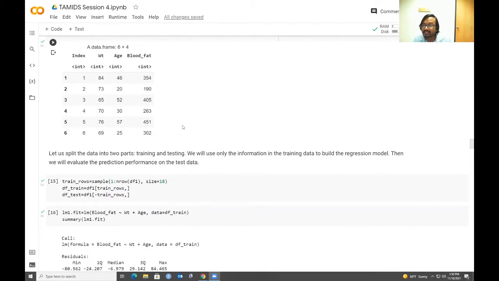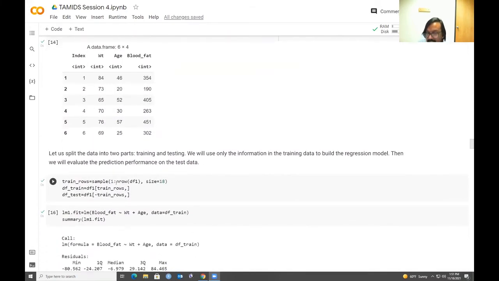In order to extract some of the rows at random from the data set, we are going to use the sample function. The sample function takes a sample of a size that you can mention from a population that is described in the first input. The first input is a vector of 1 colon number of rows in the data frame.